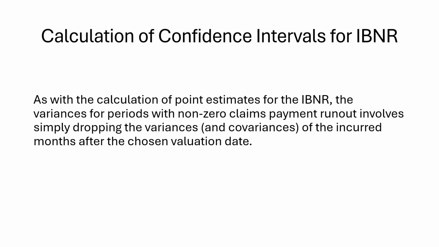As with the calculation of point estimates for the IBNR, the variances for periods with non-zero claims payment runout involve simply dropping the variances and covariances of the incurred months after the chosen valuation date.